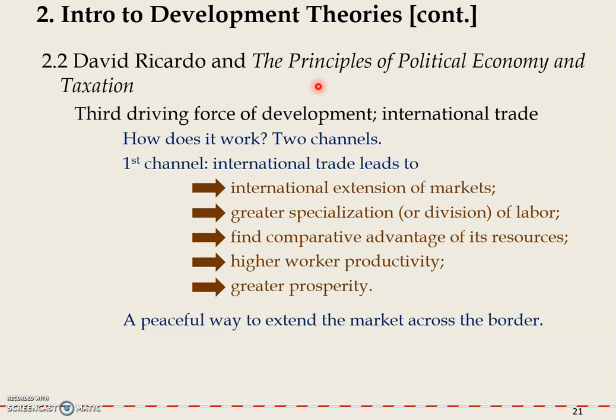But in the 21st century, unless you're Vladimir Putin, there's no way to occupy another country, or even a piece of land from another country. So for most cases, it's just the peaceful way, through international trade, to extend the market.